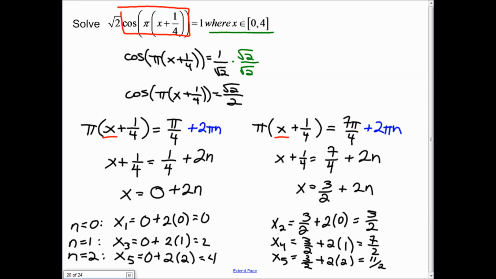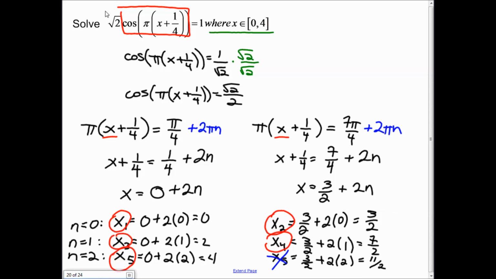So the only acceptable values as a solution are the following: 0, 3 over 2, 2, 7 over 2, and 4. This other one is not acceptable because it falls outside of the range of 0 to 4.